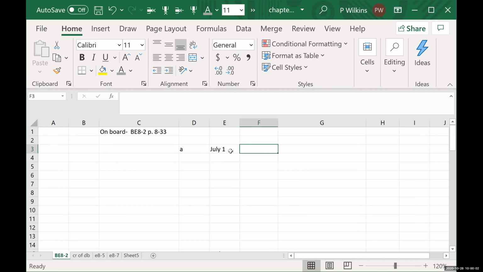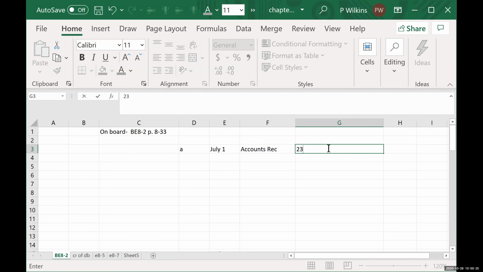And what did we get? Well, in this instance, we got a promise to pay. The customer is promising to pay us. So that's an accounts receivable, unless it tells you it is a note. We haven't got to the note section yet in this chapter, but just so you know, it's an accounts receivable unless they tell you it's a note. So we are going to debit accounts receivable, $23,000.